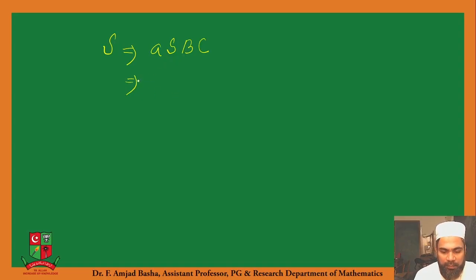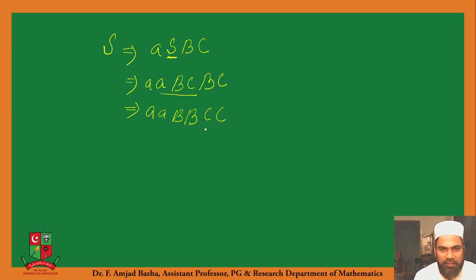Then this S will be replaced, and I can rewrite it as AA BC BC. This S is replaced by ABC, the A remains the same and BC remains the same.